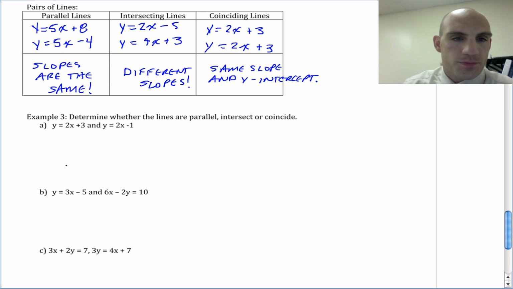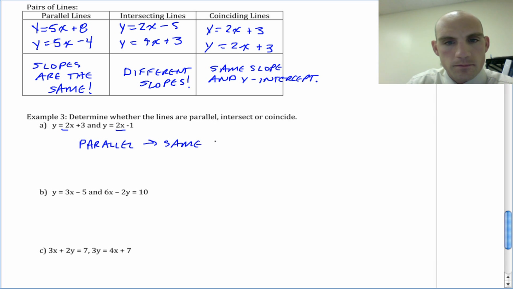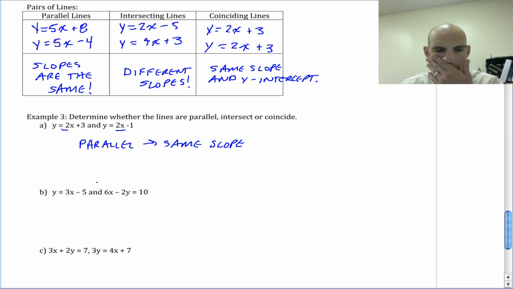Okay? So, in example 3, we're going to determine if the lines are parallel, intersect, or coincide. Let's look at this. Same slope. So I'm thinking could be parallel, could be coinciding. Different y-intercepts, so I must say that these are parallel. Okay? What about these next two? One of them is slope-intercept form, the other one is not, so let's solve for slope-intercept form.